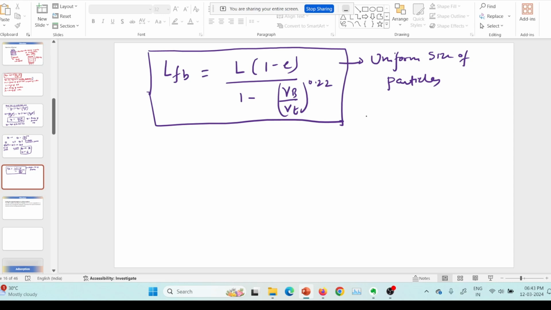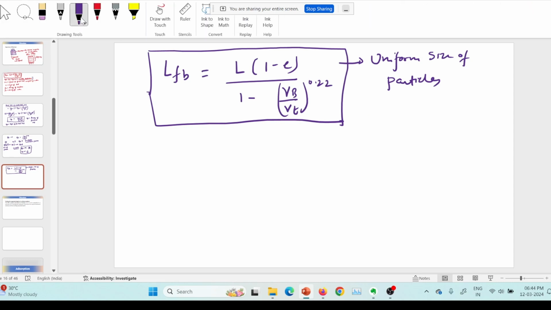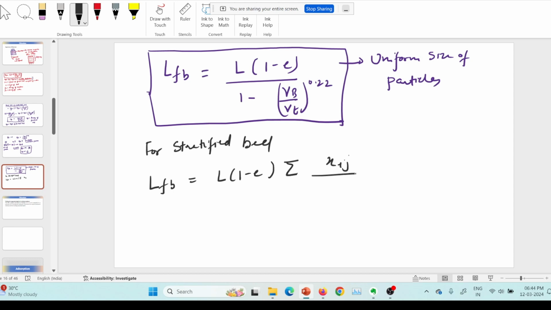If the bed is stratified, the depth of the expanded bed will be L1 minus E summation of Xij divided by 1 minus Vb divided by Vt ij to the power 0.22.